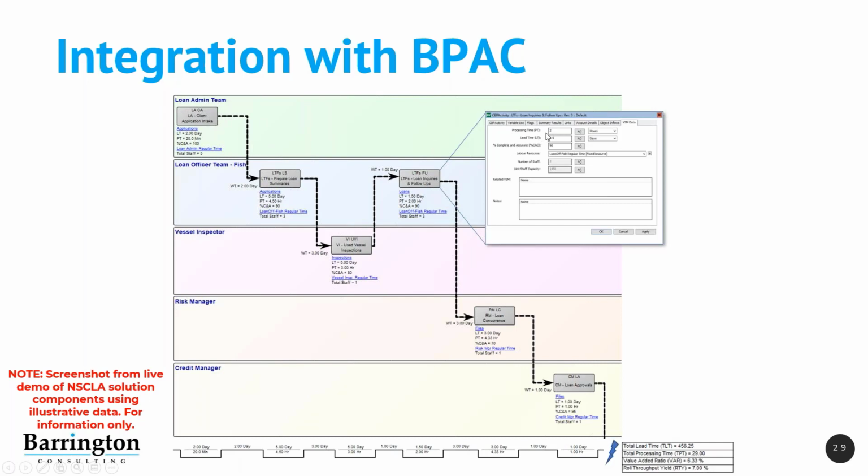It has a processing time, a lead time or elapsed time, and a complete and accuracy rating. It also has the labor resource, think of your swim lane, the person completing that work. And then we can even bring in the number of staff in that position and how much capacity each individual would have, so that we can do that process modeling.